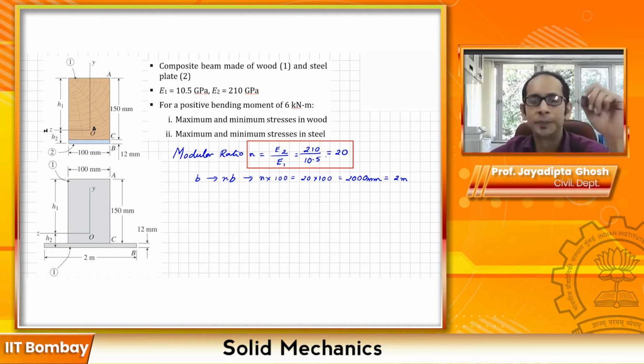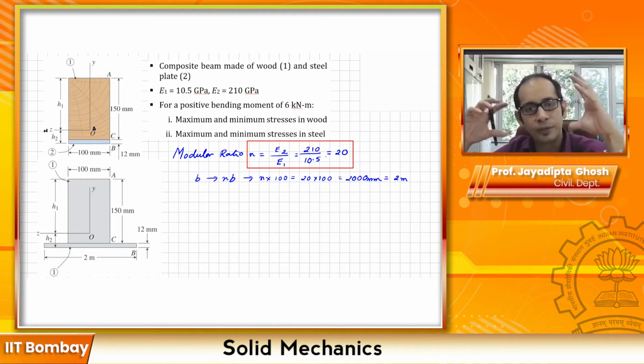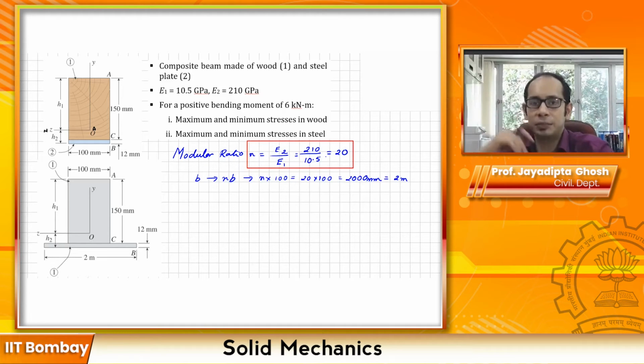Okay, so now that we have a transformed section where the entire section is made of one single material, we can go ahead and apply our basic principles, that now the neutral axis must coincide with the centroidal axis. So that means I have to find the location of the centroid. So this is the neutral axis which was there in the beam. So this now coincides with the centroidal axis. For that, these are the heights which are given.